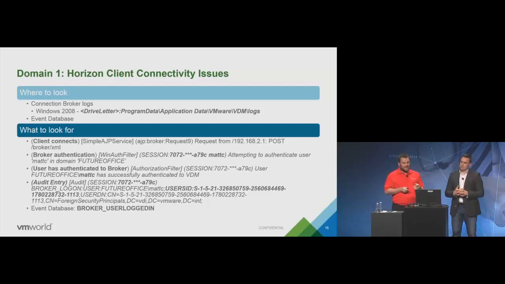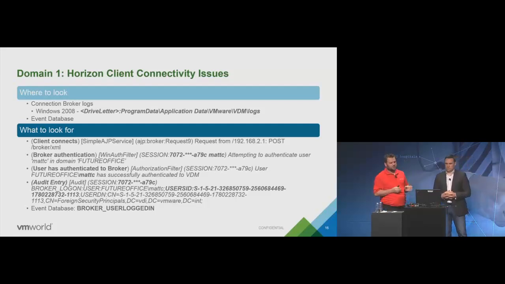One of the key things here is you see we have highlighted where it says session 7072 ****, and a bunch of other things. This is a session ID, and we use the asterisk as a security measure because we want to make sure that information is somewhat safe, but we do need to be able to track it, so we leave some of it exposed.